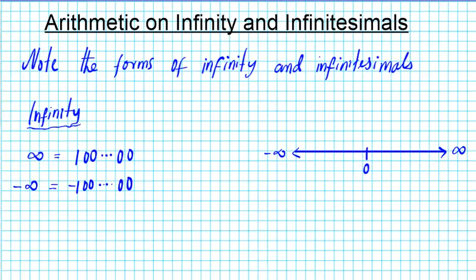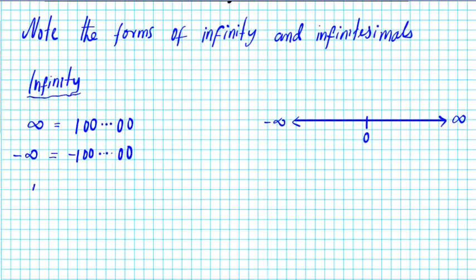Now we're going to take a look at the other side of it, known as infinitesimals. Okay? So if you think about infinity and negative infinity as extremely large positive and negative numbers, think about infinitesimals as extremely small, infinitely small positive and negative numbers.